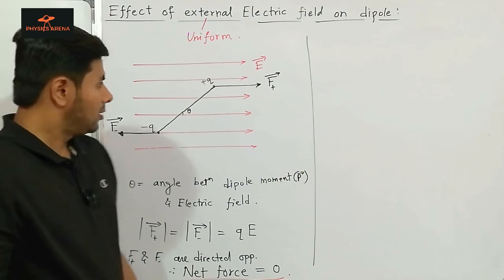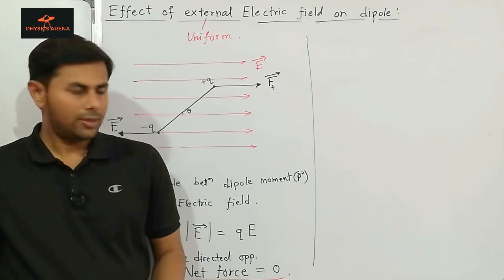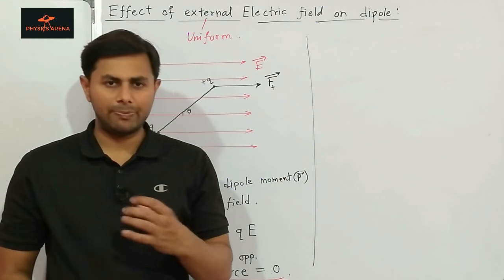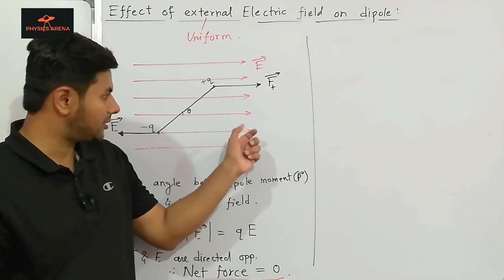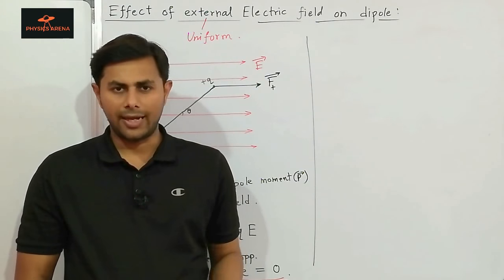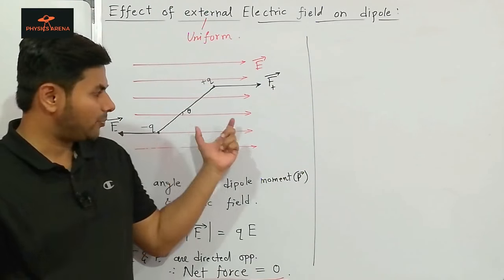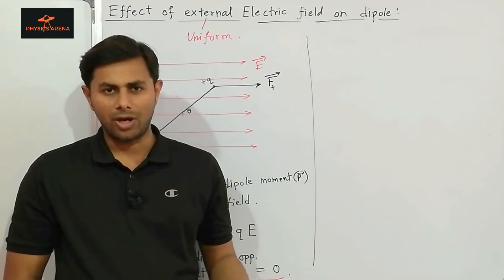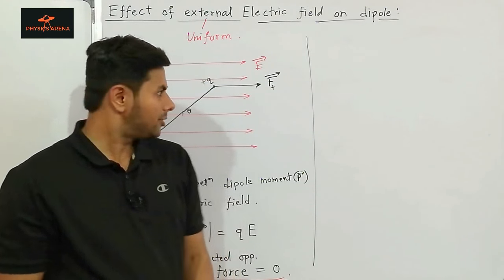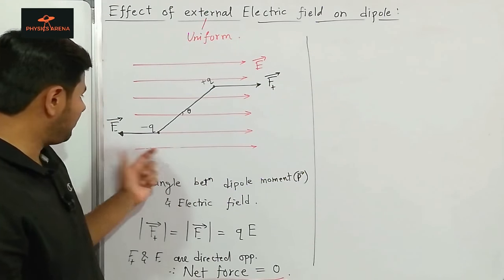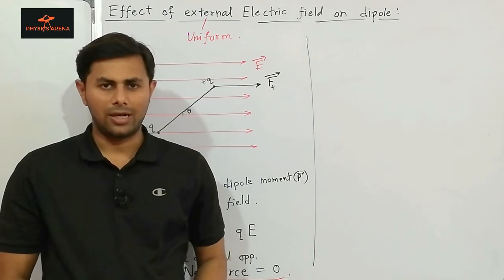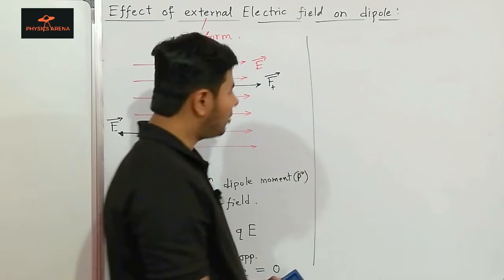Okay. So the dipole will not be displaced in space due to this electric field, but the dipole will rotate in space. It is because though the net force is 0, there is some torque acting on the dipole due to the combination of this F plus and F minus. And we know how to find torque.